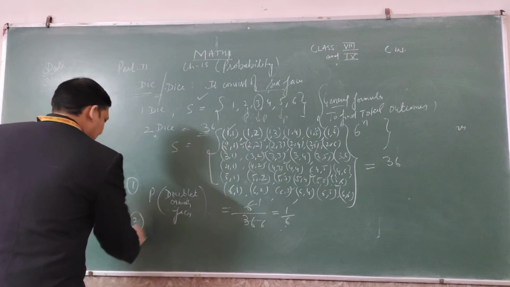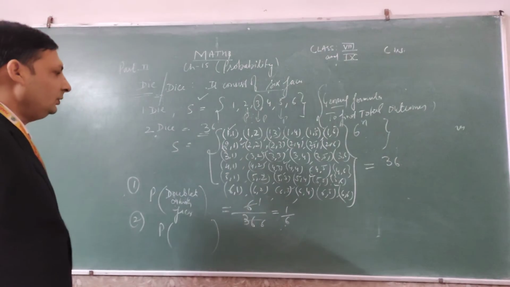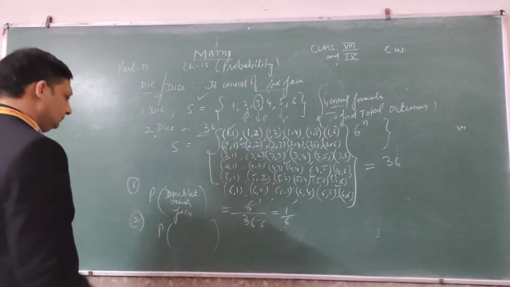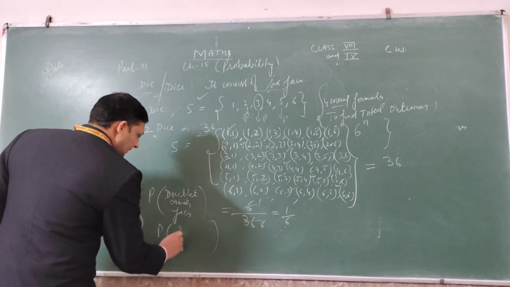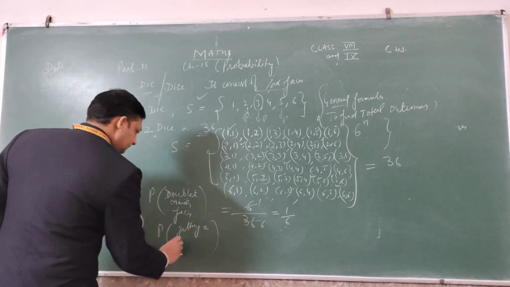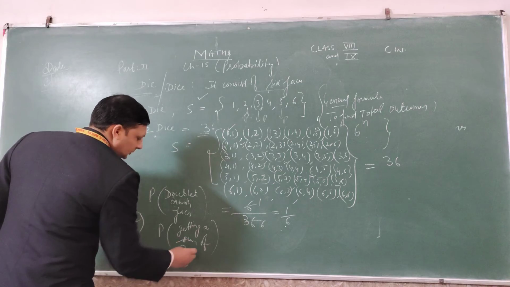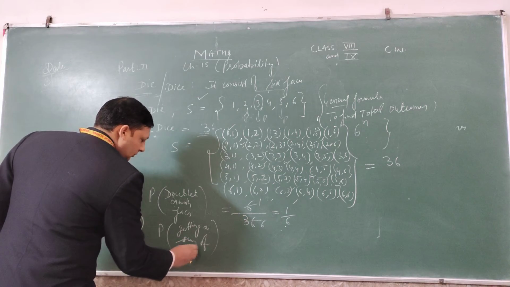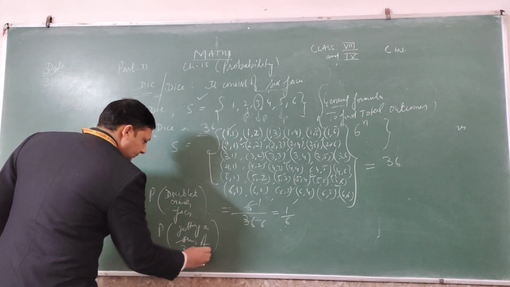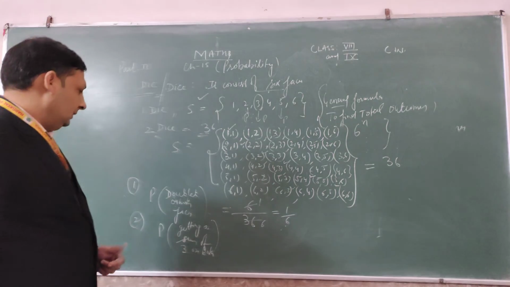Second question we are making: probability of getting a sum of 3 on both faces.